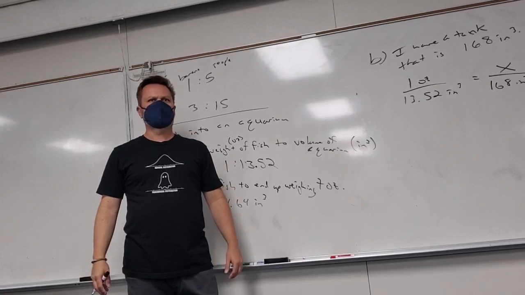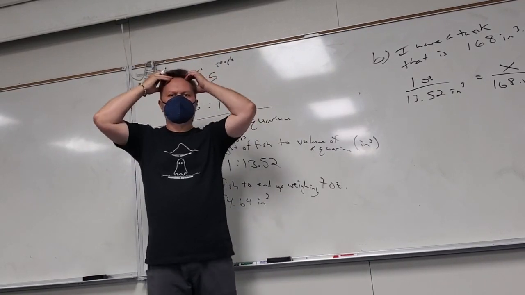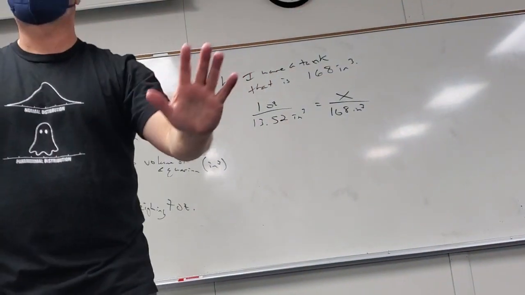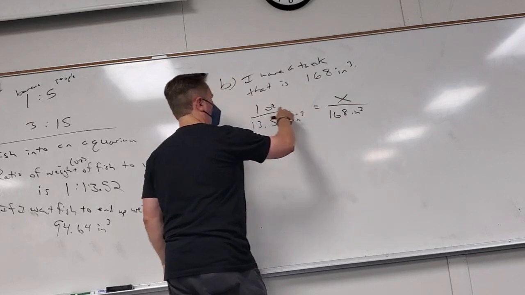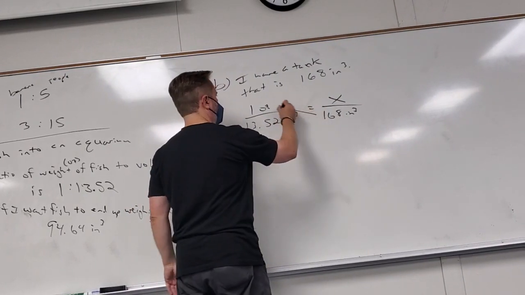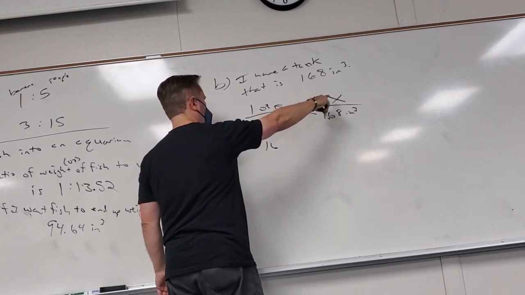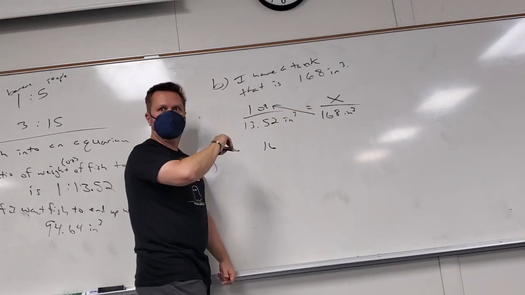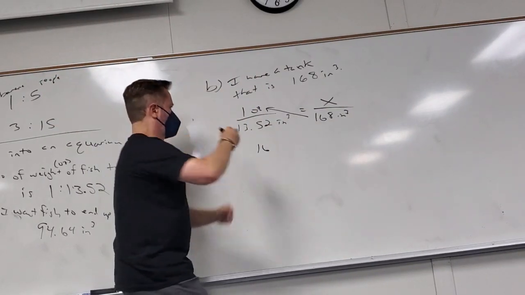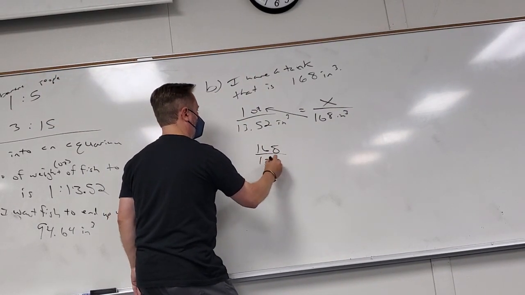Okay, I like it. Now, a little shortcut for cross multiplying. Do I really have to cross multiply this? You can, you totally can. But do you understand, if I just multiply this up, isn't x by itself already? So if I just move this up here, there's no need to move that up there because it would immediately come back down, right? And again, if you don't like that, you can always cross multiply and then do what you need to do. But this will be 168 divided by 13.52.